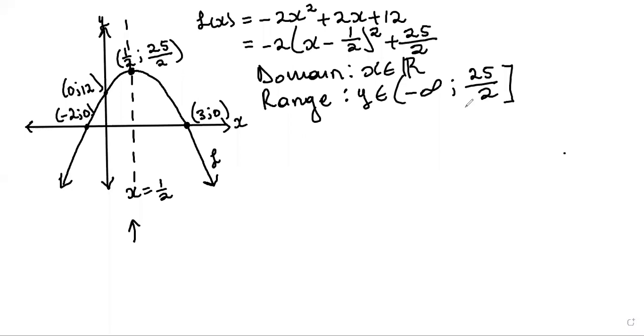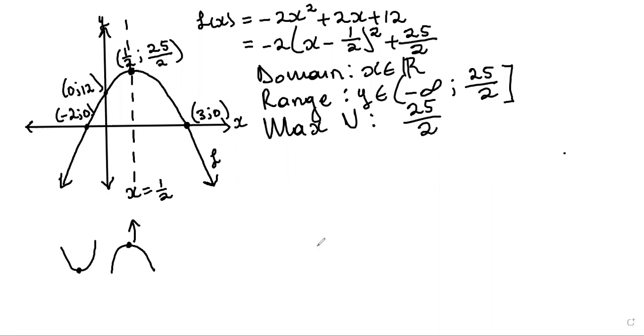So now that you know your domain and range, I said to you, if your function is facing up, then it has a minimum value. But if it's facing down, it's going to have the maximum value. So in this case, you'll tell them that the maximum value is just going to be 25 over 2.